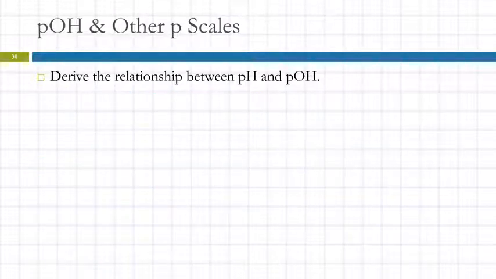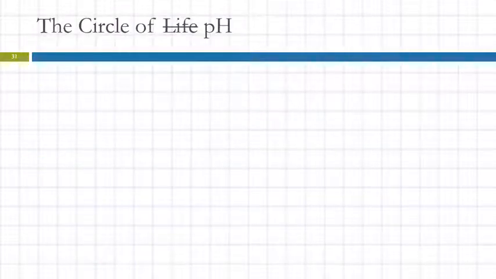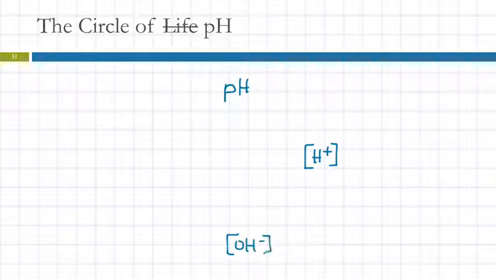So that brings us to the circle of life, no, the circle of pH that Annette was asking about. So let's put pH up here, and I end up drawing this differently quite frequently. So let's see, pH. We'll put hydronium, I'm just going to do hydrogen ion concentration over there, and hydroxide ion concentration down here, and pOH over here.